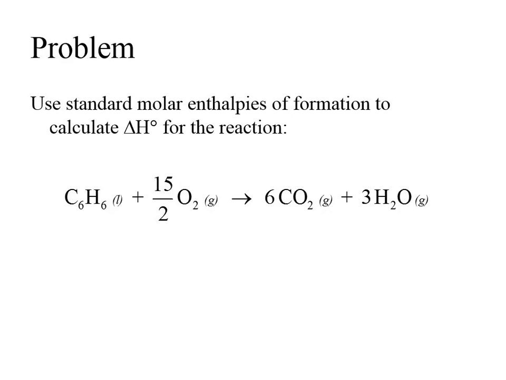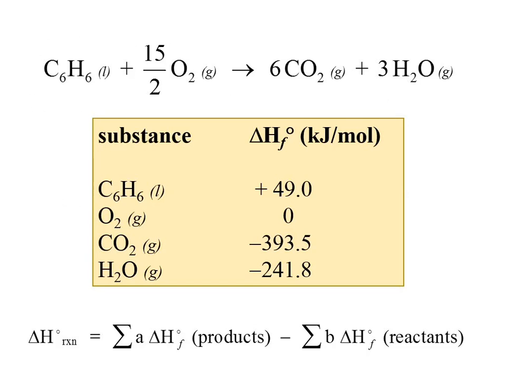So let's use the standard molar enthalpies of formation of the products and of the reactants, and let's come up with the delta H for this overall reaction. Okay, so it looks like this. We would need the tables.